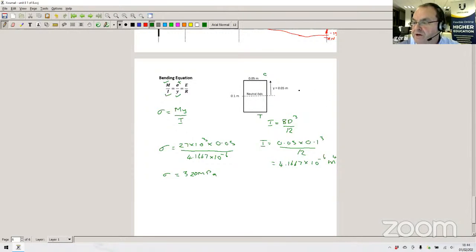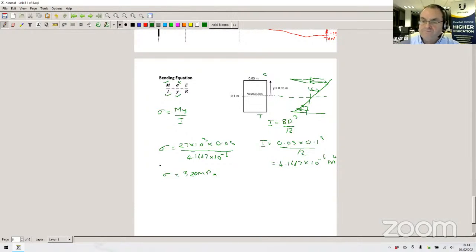If we carry the neutral axis over, the stress distribution will look something like that, where you'll have the maximum compressive stress at the top and the maximum tensile stress at the bottom.